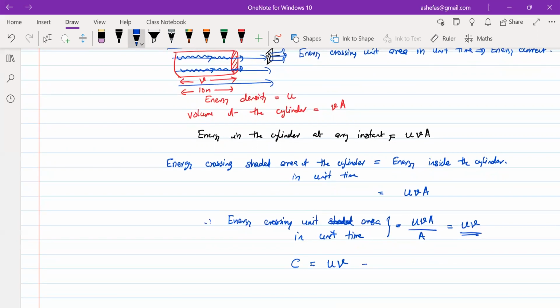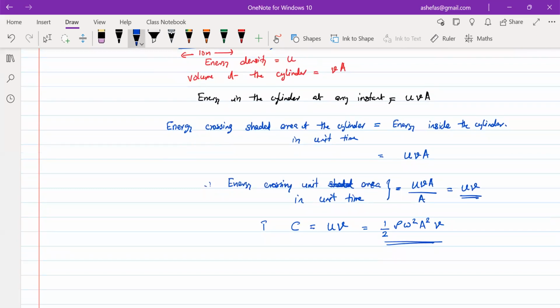What is U? U is the energy density, and we already found the expression for it: half rho omega squared A squared. So the intensity, denoted by the symbol I, is half rho omega squared A squared times V. Remember, this intensity is directly proportional to the density, and quadratically proportional to the angular frequency.